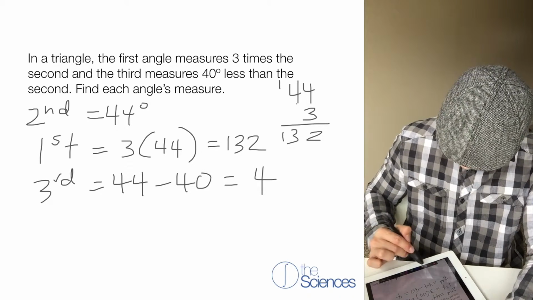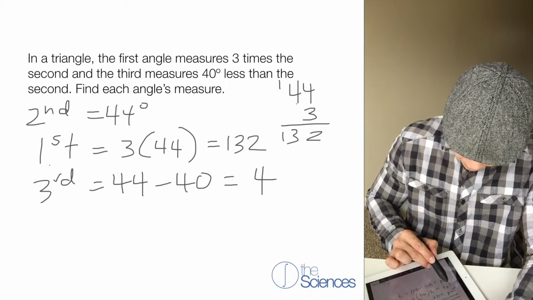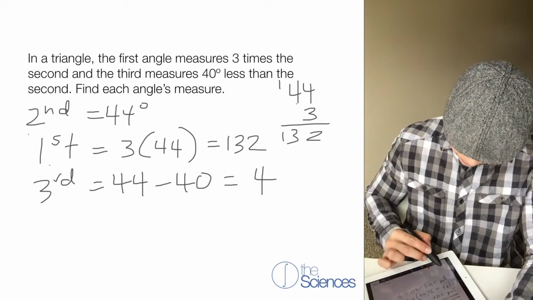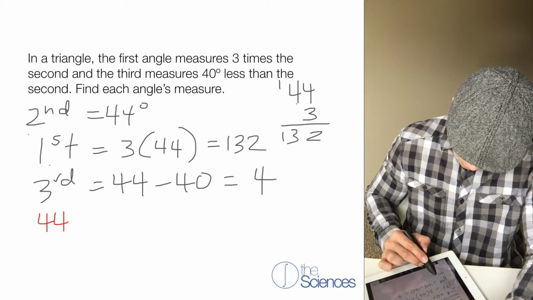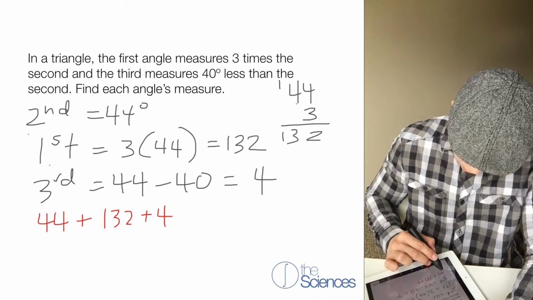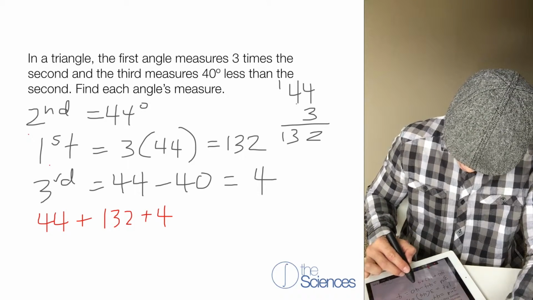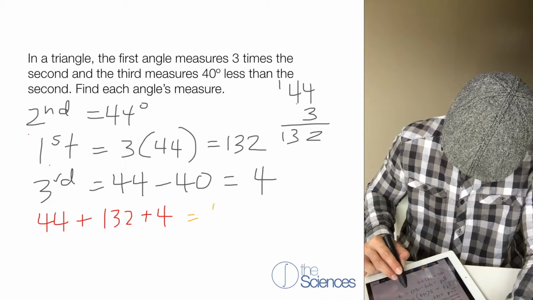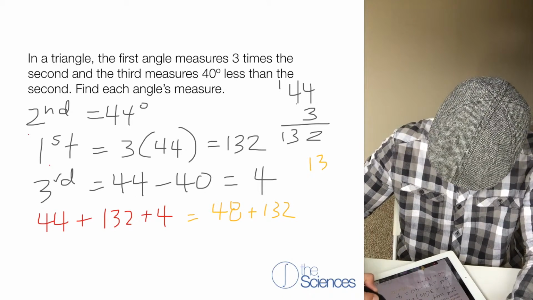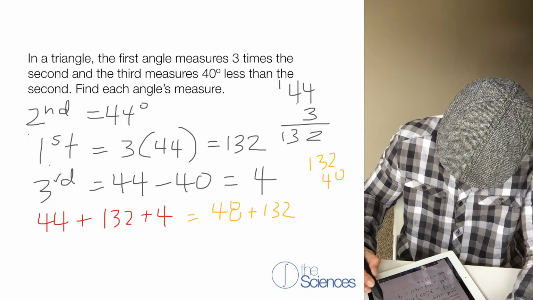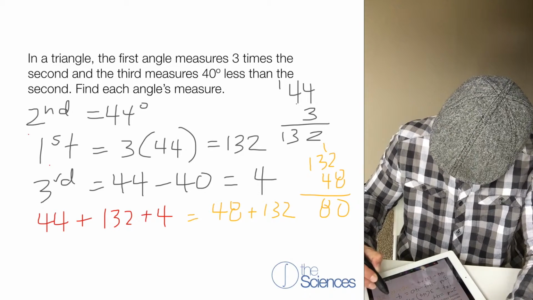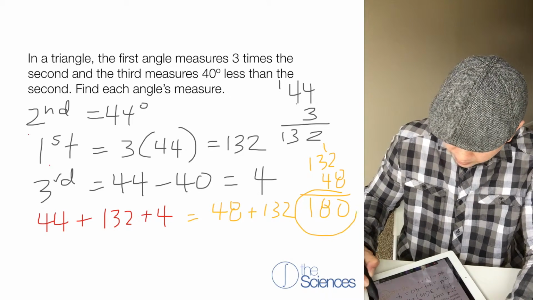So now, if we add all of these up, the first angle, the second angle, and the third angle, it should equal 180 degrees. So we go 44 plus 132 plus 4. 44 plus 4 is 48, plus 132. 132 plus 48 is 180 degrees.